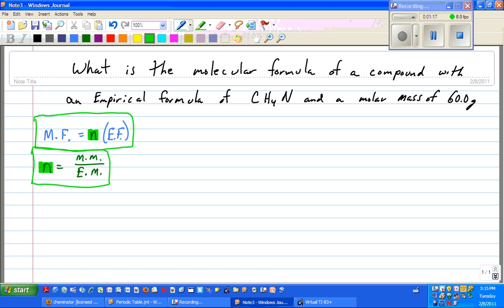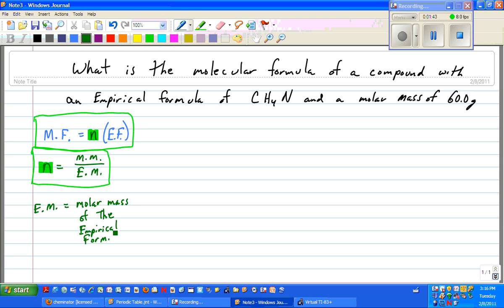Keep in mind the empirical mass is nothing more than the molar mass of the empirical formula.